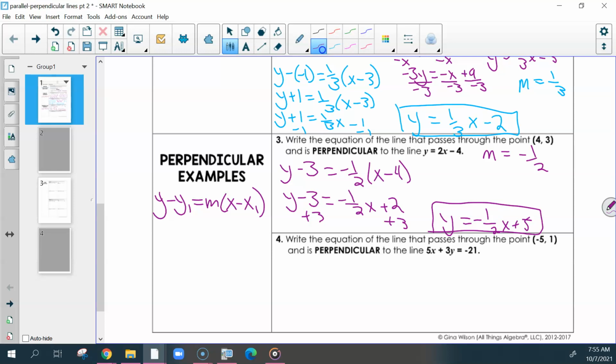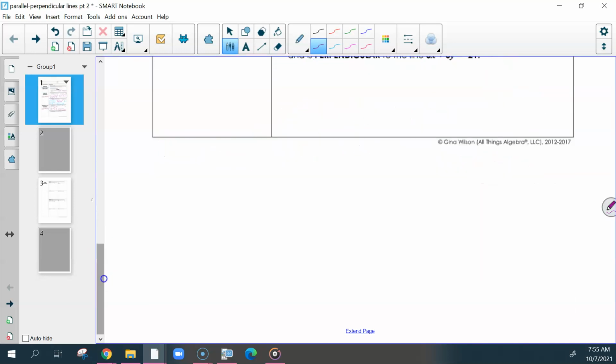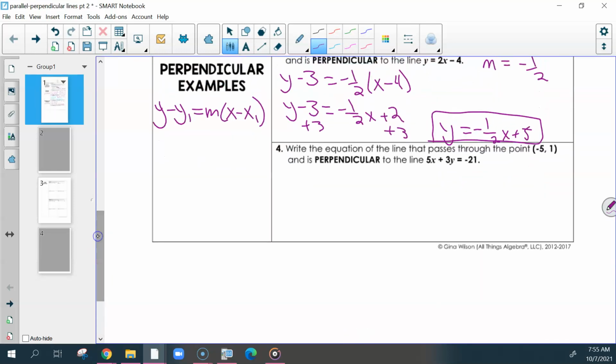And then the last example we're going to do is another perpendicular one, but this one is now in standard form. You have to convert it before we solve it. So same process, but with an additional step. Subtract 5x on both sides.